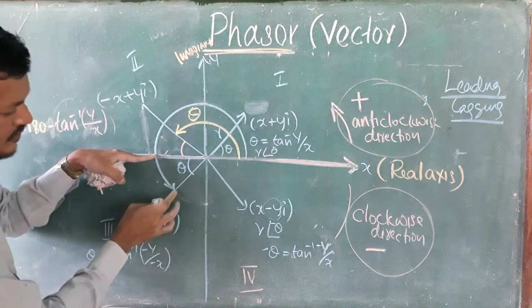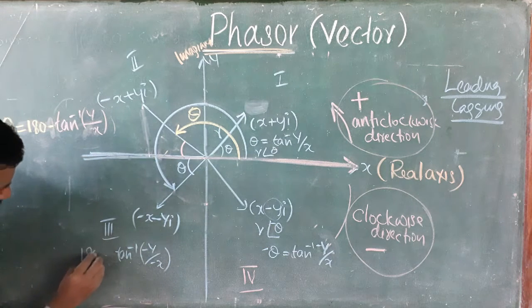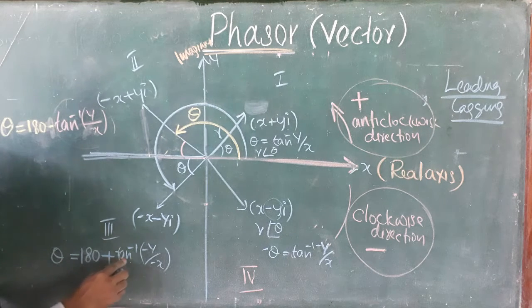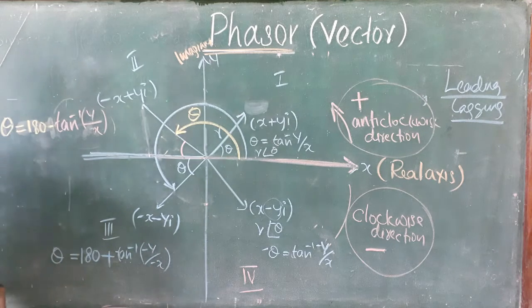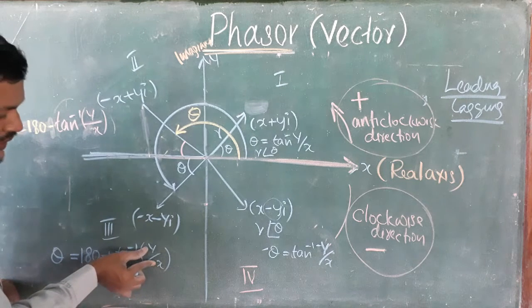So we have to write theta equals 180 plus tan inverse of minus y by minus x value. Clear? So here suppose we included only magnitude, y by x.